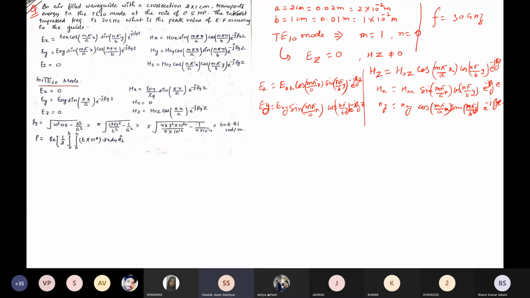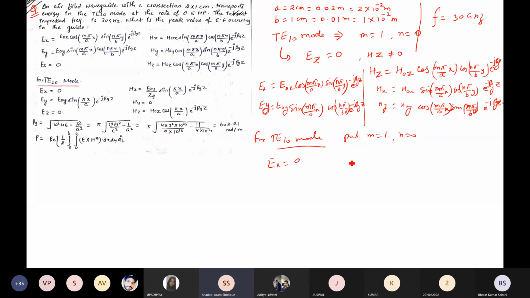Now I'll try to write for this TE10 mode. So for the TE10 mode, you put m equal to 1 and n equal to 0 in the above equations. If you take m equal to 1 and n equal to 0, n equal to 0 means this equation will vanish. So that means Ex is equal to 0.